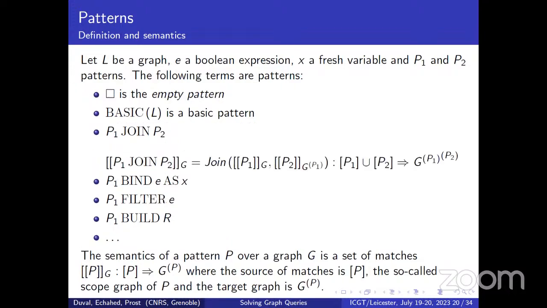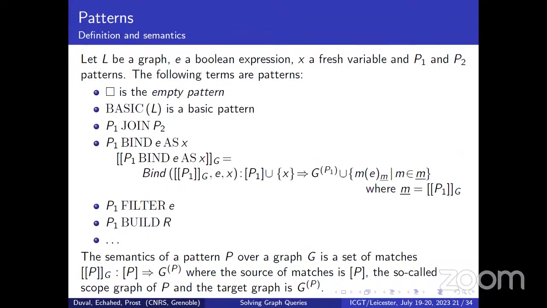One remark here is when we consider this pattern, first we have to evaluate the pattern P1 on G, but since patterns can have these bind and build operators, G can evolve, can be modified. So the evaluation of the second one should be done over this graph augmented with the effects of the first one.